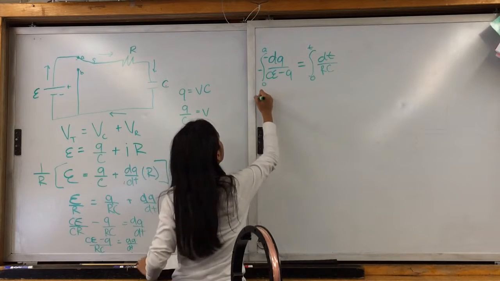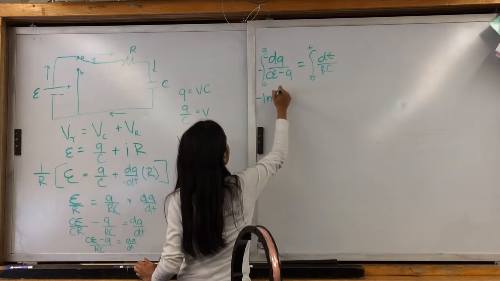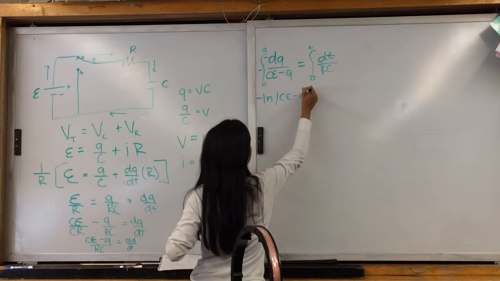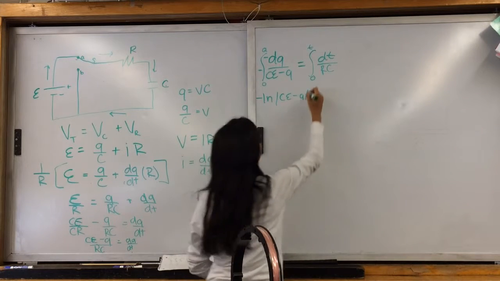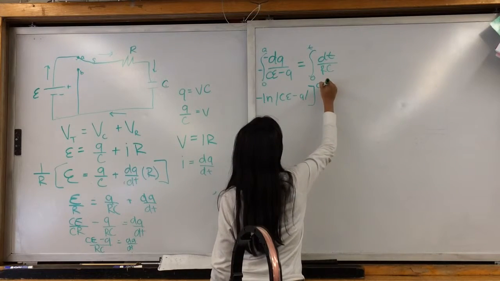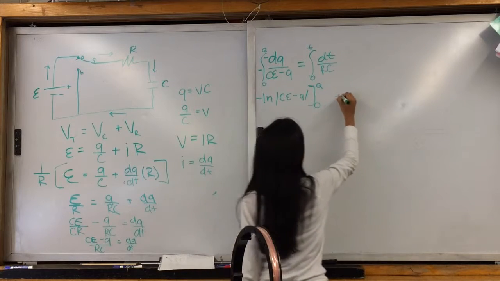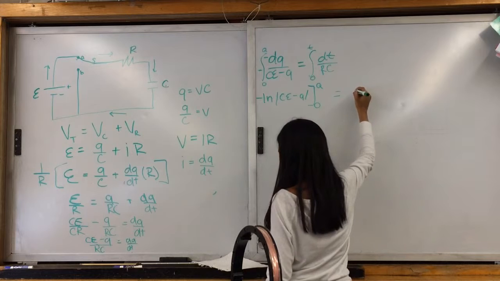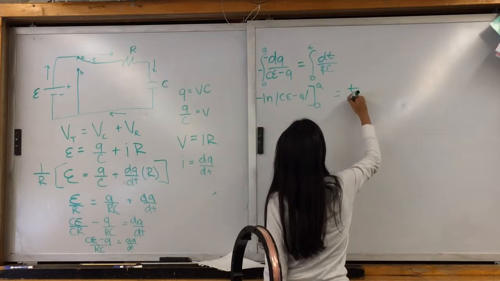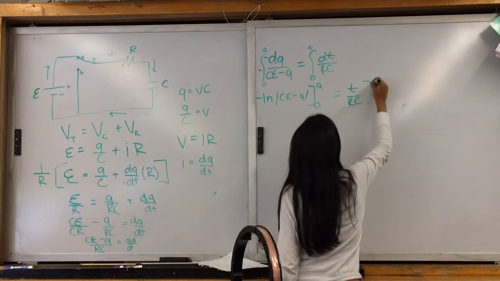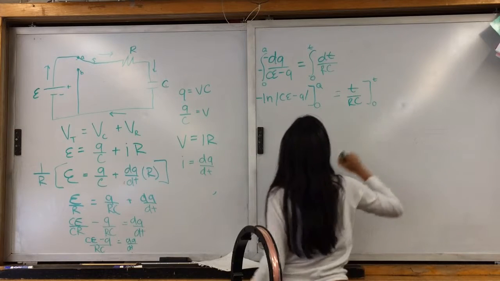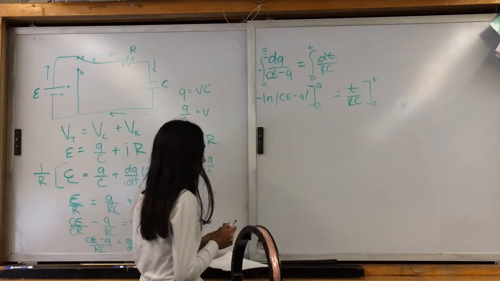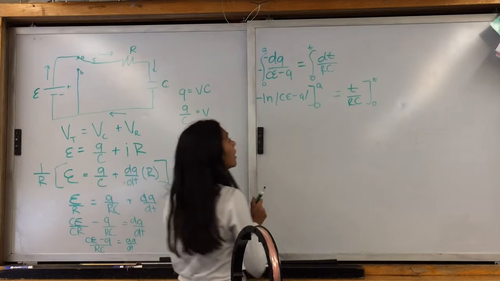And so when we do that, we get negative ln of CE minus q with the bounds q and 0 equals t over RC from t to 0. We also know that RC is a constant because it's not changing.